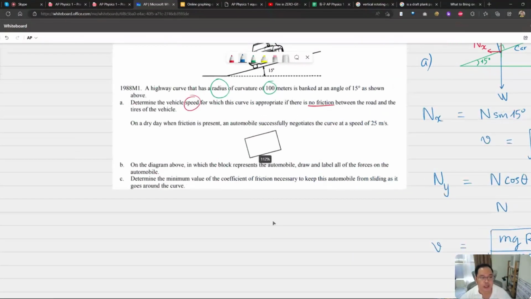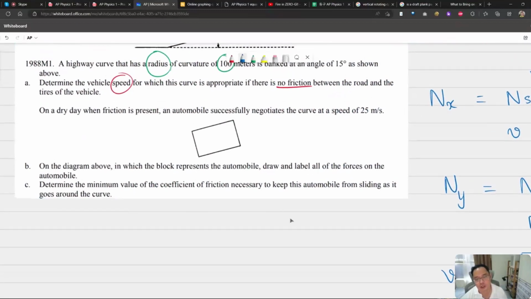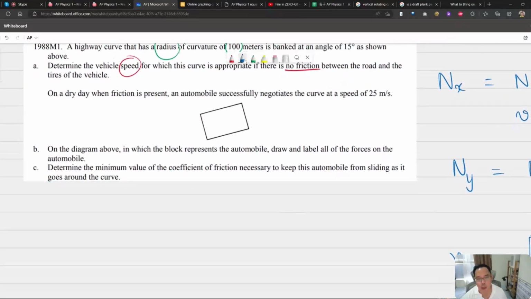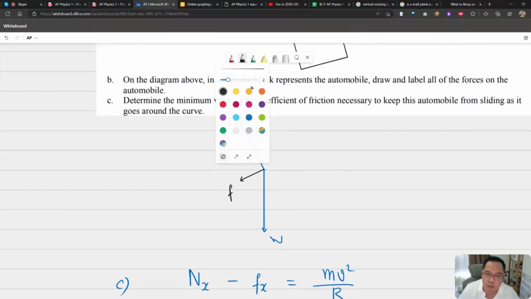Question B. On a dry day, when friction is present, an automobile successfully negotiates a curve at a speed of 25. Okay. The friction is in this direction, F. So the normal force here must actually be greater than the weight, not lower.